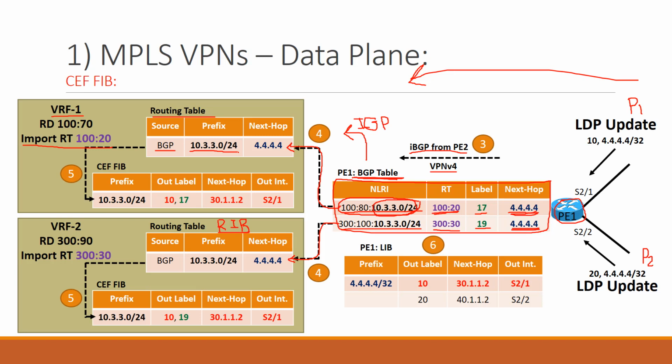BGP started to differentiate between the two prefixes, and once they are redistributed into IGP, the RD is not important. The RD and RT work with multiprotocol BGP. So in this step 4, the prefix is learned in the VRF1 routing table, and the next hop will be the VPNv4 neighbor that was assigned inside this entry.